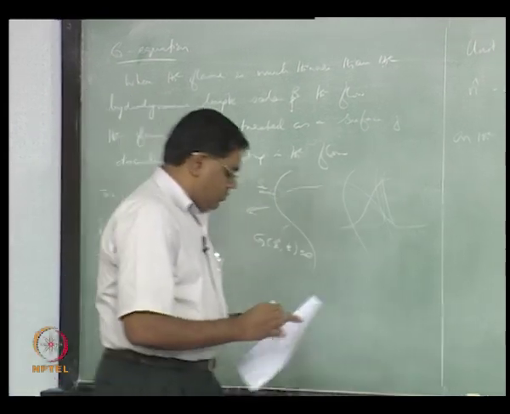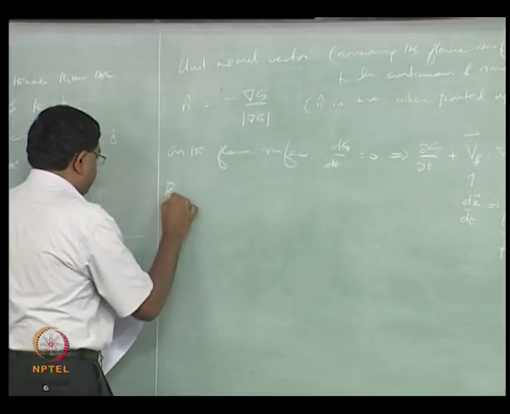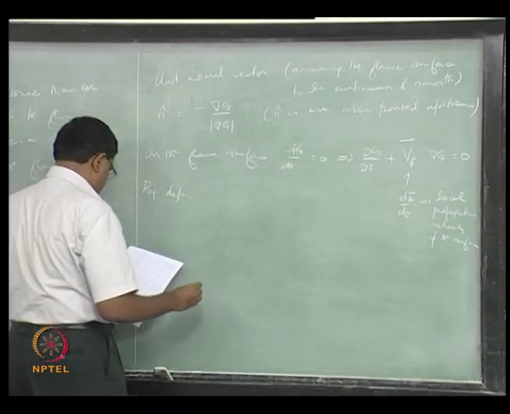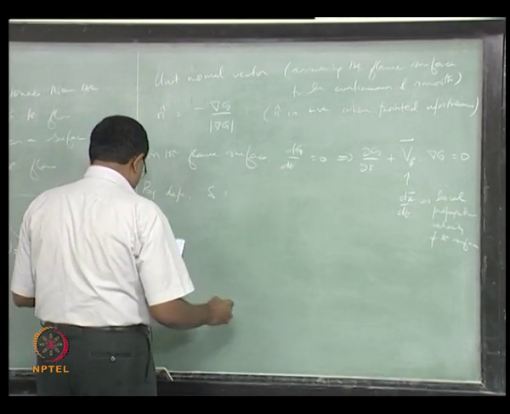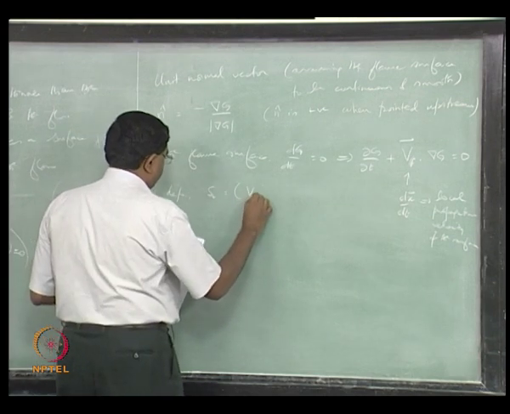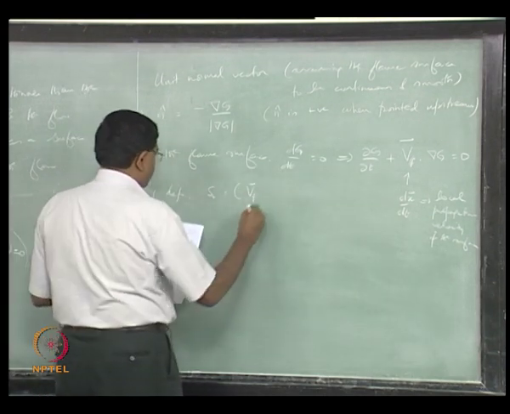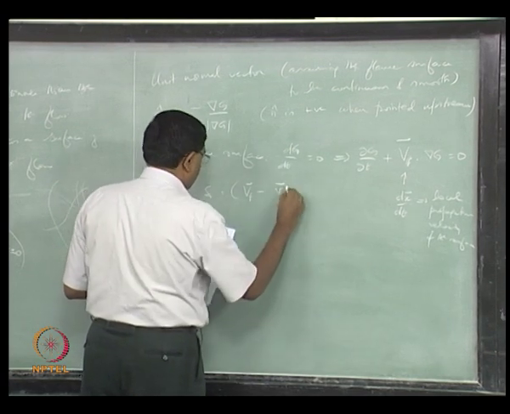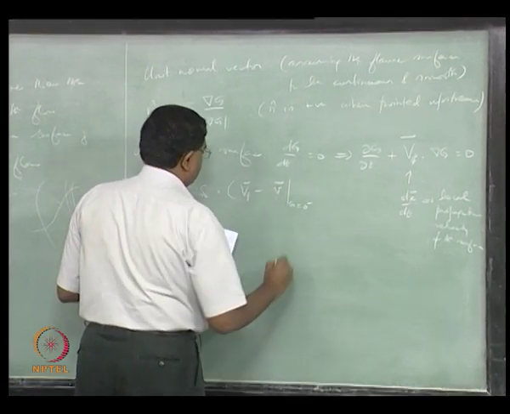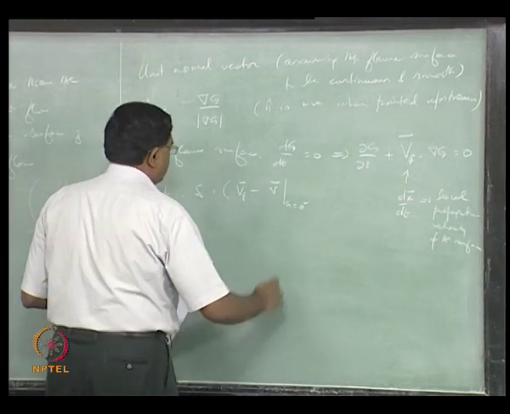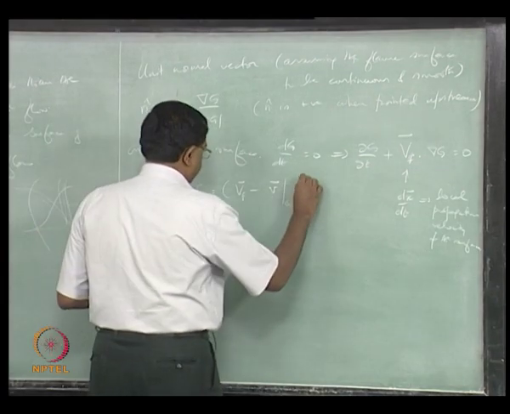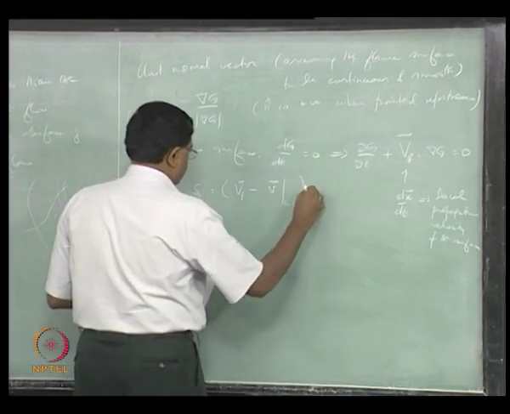So by definition of the way SL is, SL is nothing but VF minus the flow velocity vector V evaluated at G equals 0 minus, which corresponds to the upstream reactant velocity at the flame, dot n hat.